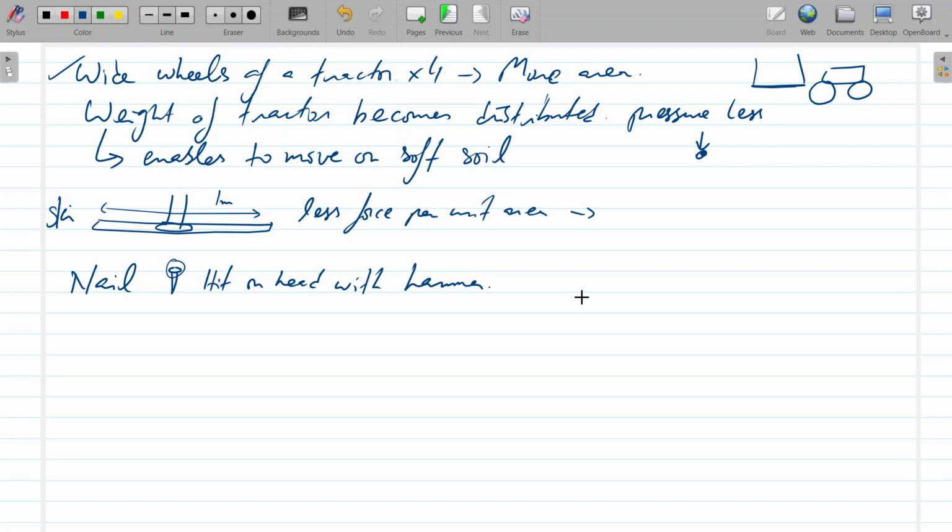The tip of the nail is maybe 2 millimeters, so that's 2 times 10 to the power -6 meters. Sorry, -3. -6 would be a micrometer. So -3.